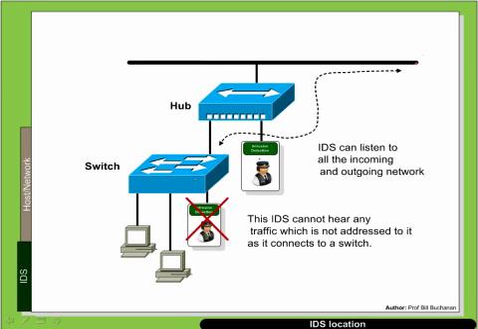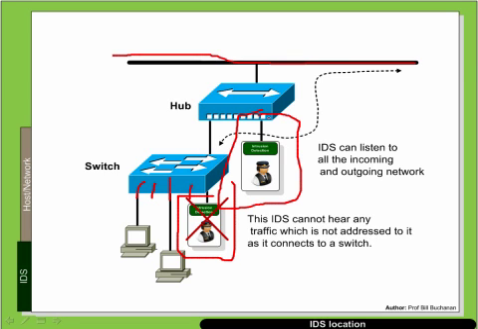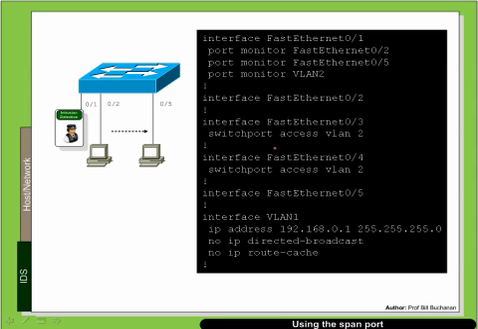In placing a network-based one, it is not possible in a standard switch to listen to all the ports of a switch, but it is possible with a hub. Unfortunately, with a switch, the bandwidth is increased with each of the ports which is monitored. So many intrusion detection systems suffer when they listen to many ports. On a Cisco switch, it's possible to listen to one or more of the ports by setting up a SPAN port.